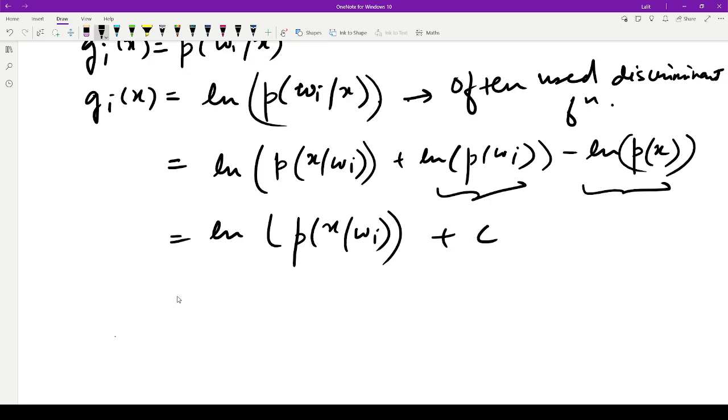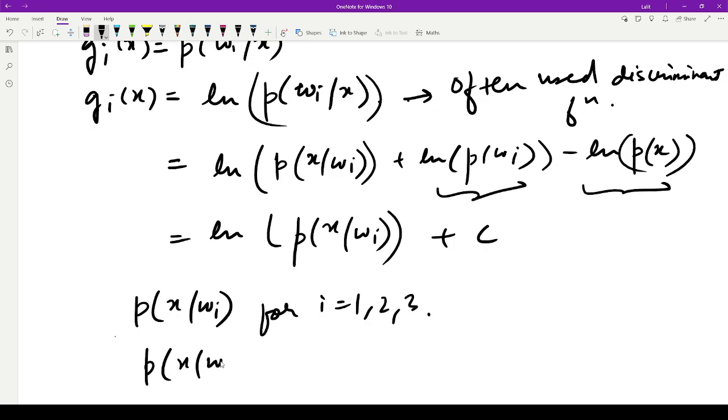Okay. So what next we need to do is find P of X given Wi for i equals 1, 2, 3. That's how we'll get the probability there.